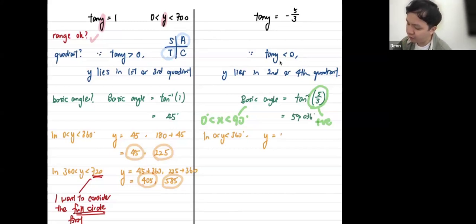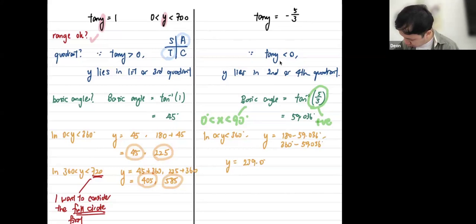So y will be 180 minus 59.036, because it is the second quadrant, as well as 360 minus 59.036, because this is the fourth quadrant. So it's 239, or sorry, 120. What am I doing?